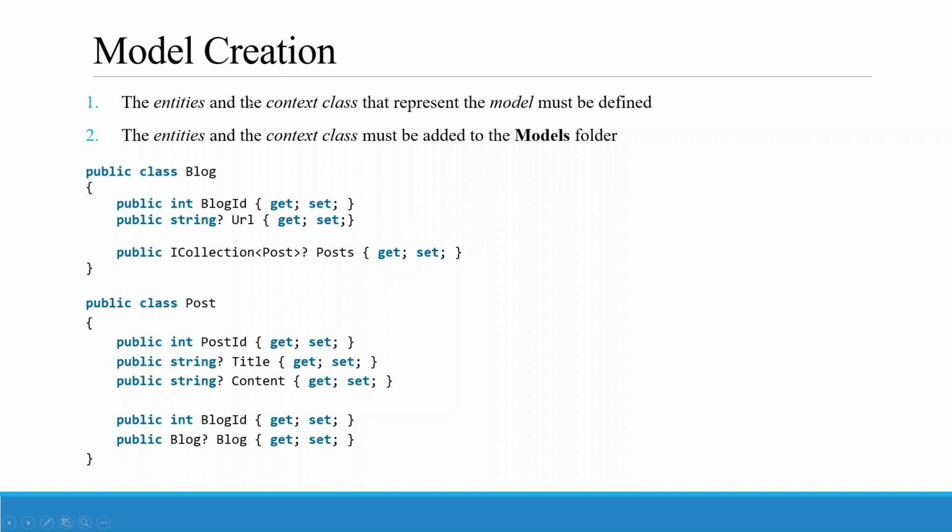A blog can have a blog ID, a primary key used to identify the blog, a URL, and a collection of posts on that blog. On the other hand, a post can have a post ID, used to identify a post, a title, a content, a foreign key to the blog that we want to add the post to, and a navigation property to the blog where the post was added.